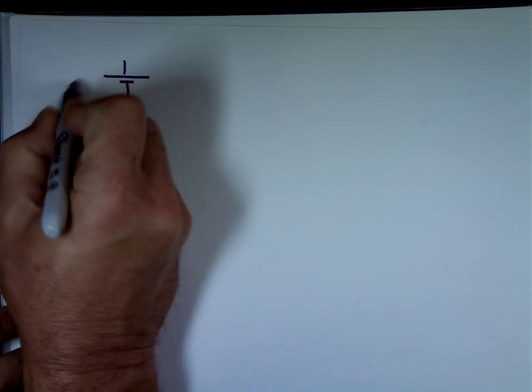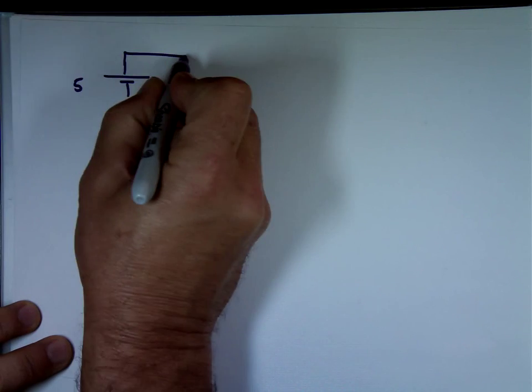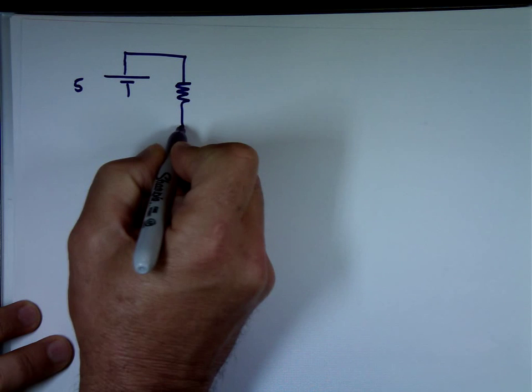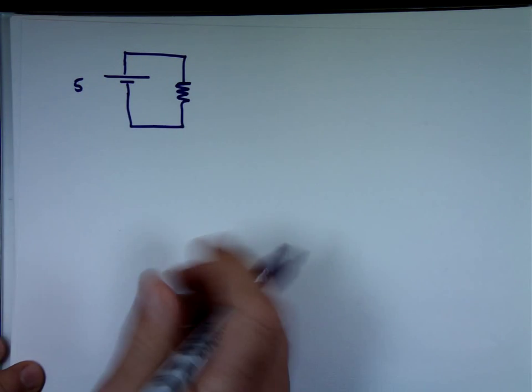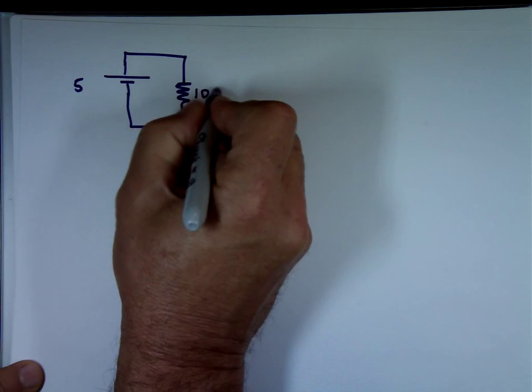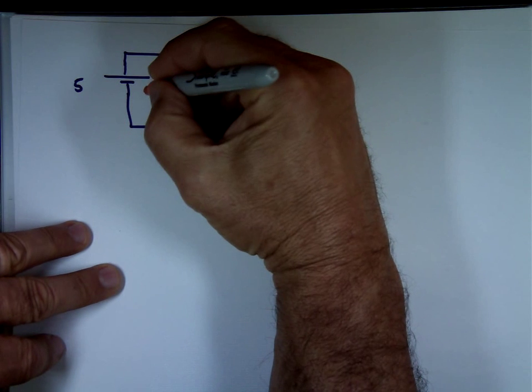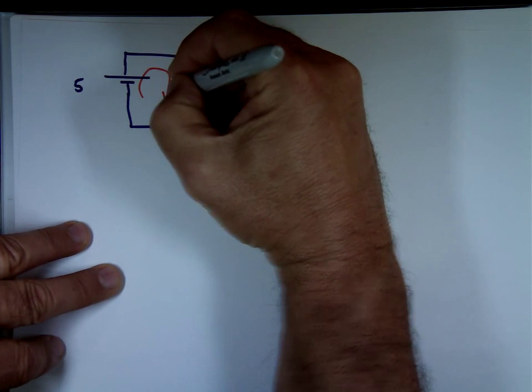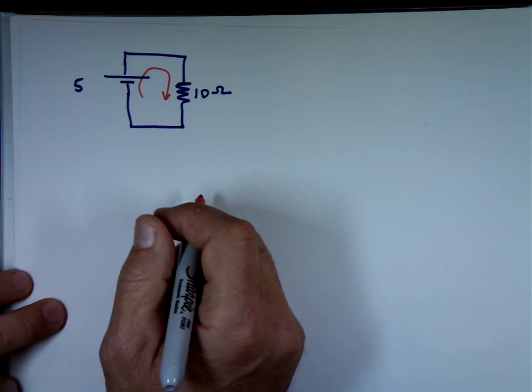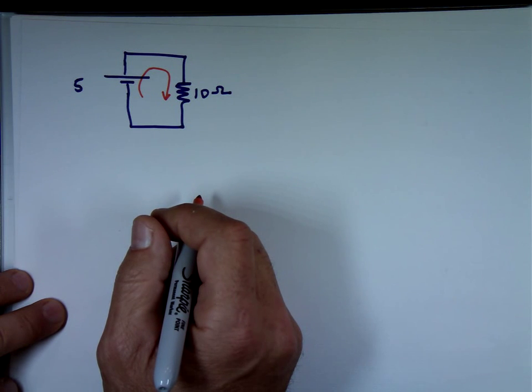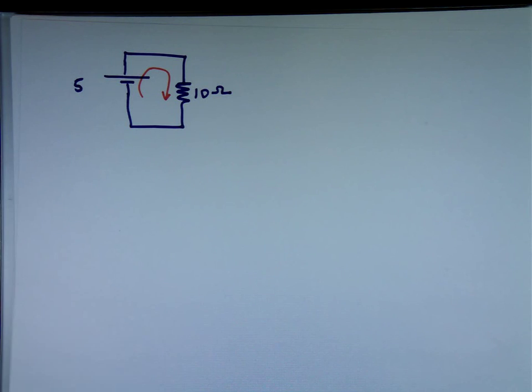So we have a voltage source of 5 volts, the same one I just did before, just instead of sideways, I turned it up and down. And this is the 10 ohm resistor. The current is going to travel this way. That's 5 volts, right? 5 volts, yes.